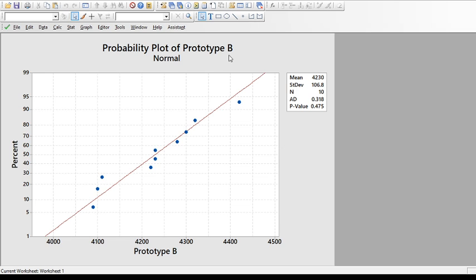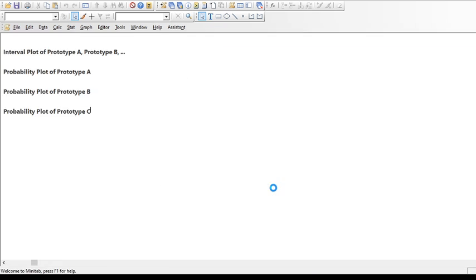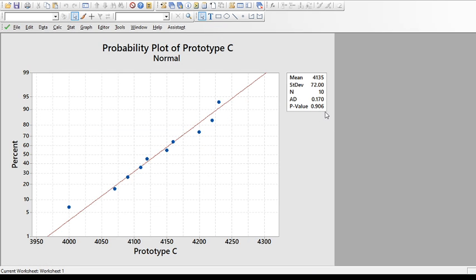The third one remaining is prototype C. So I'll go to Stat, Basic Statistics, Normality Test, select prototype C, Anderson-Darling test, okay. Again it is 0.9, so it is really normal. So I have satisfied my first condition, that it's continuous data, and the second condition, whether it is normally distributed, is also taken care of.